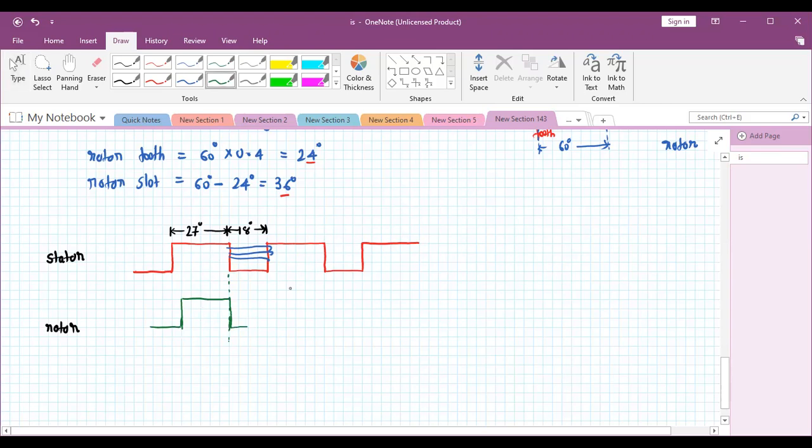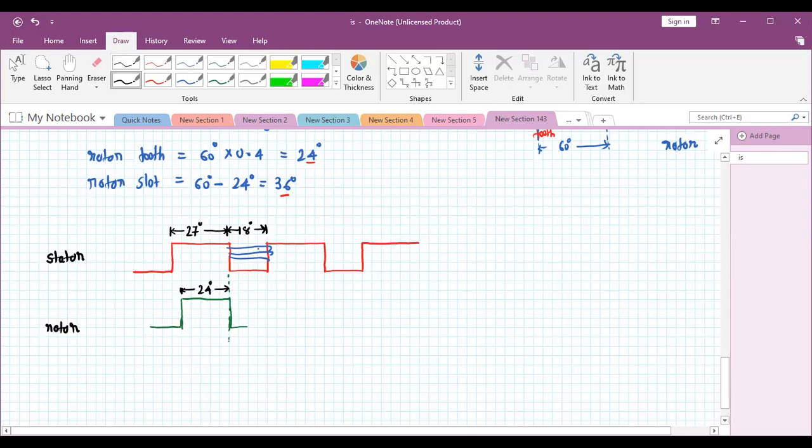This is a rotor tooth, on the outer side. For the rotor tooth, it is 24 degrees, and here 36.